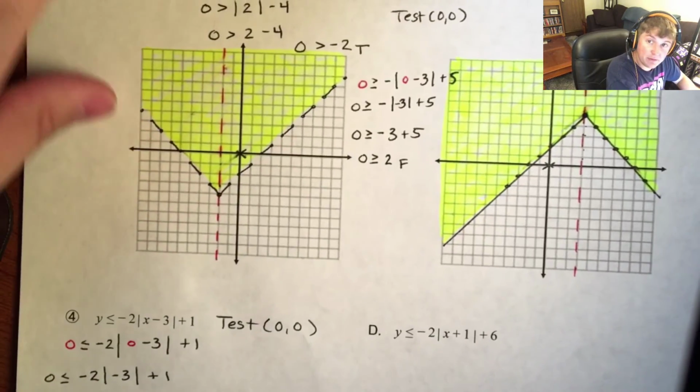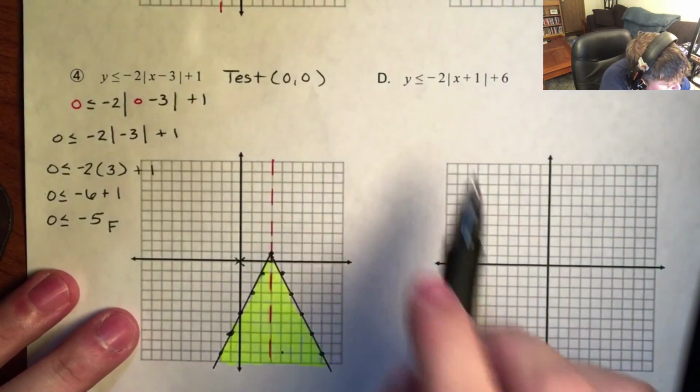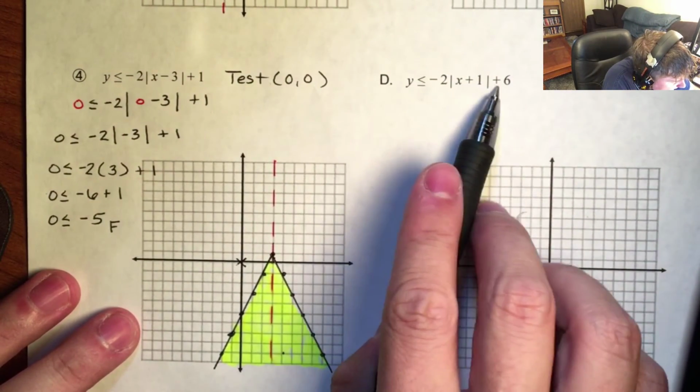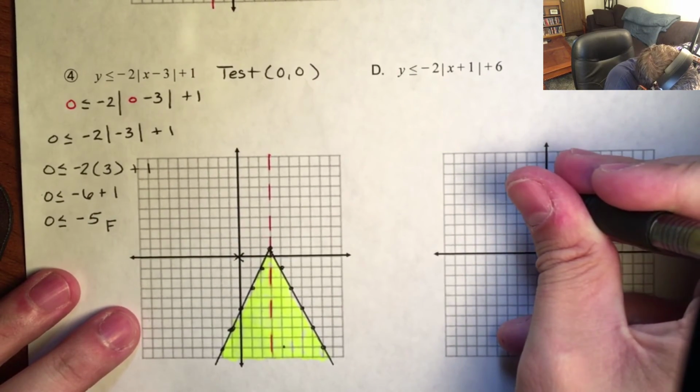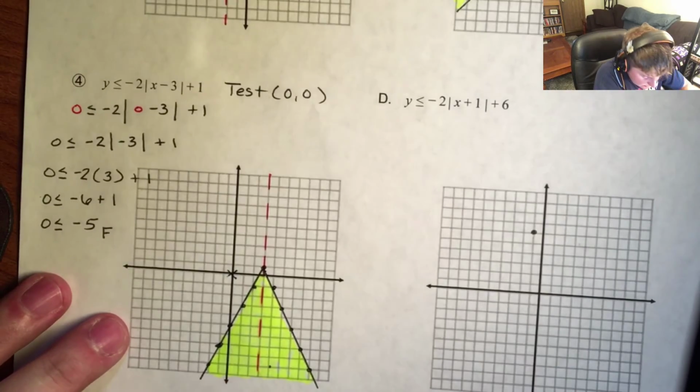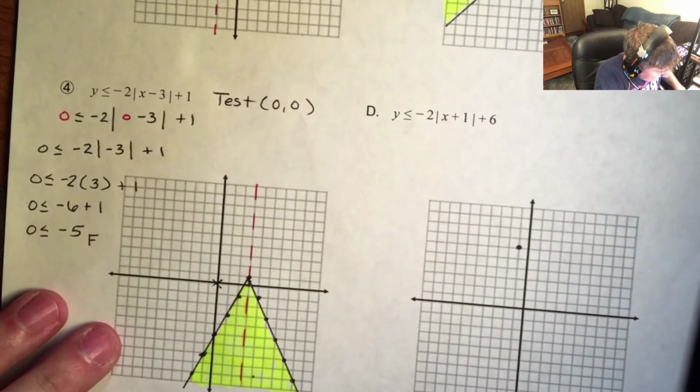Okay, let's go ahead and move on to letter D, and then we'll be done. So this one here is moved to the left 1 and up 6. So left 1, up 6. 1, 2, 3, 4, 5, 6. That's right here. So let's draw my axis of symmetry.